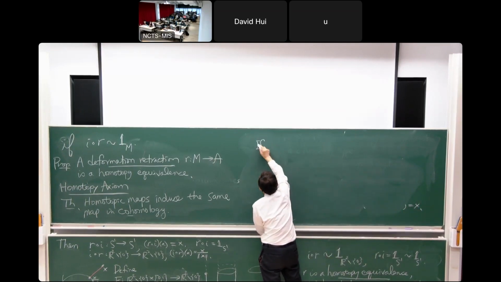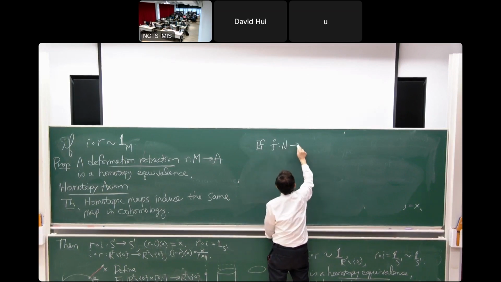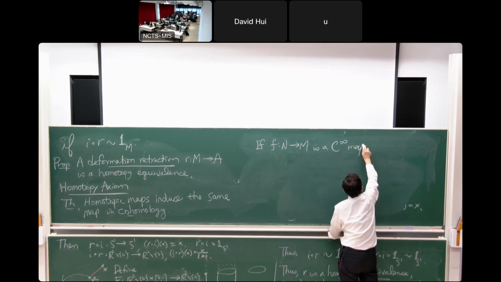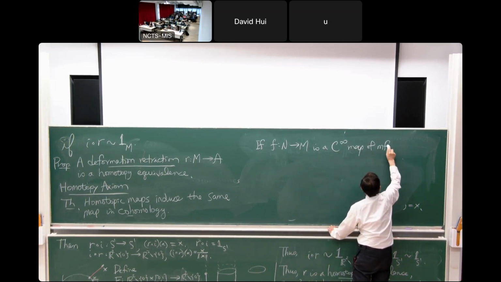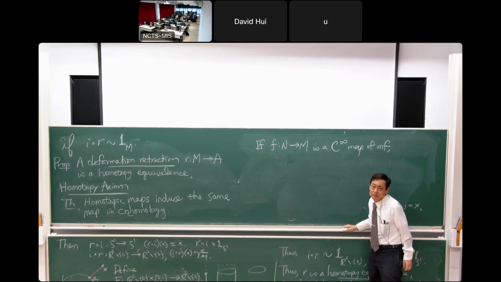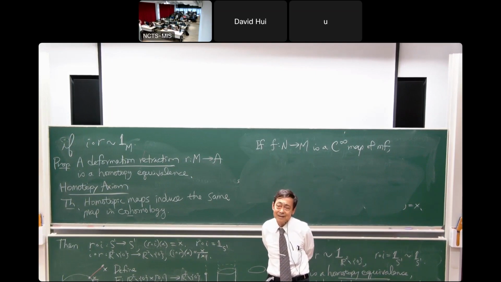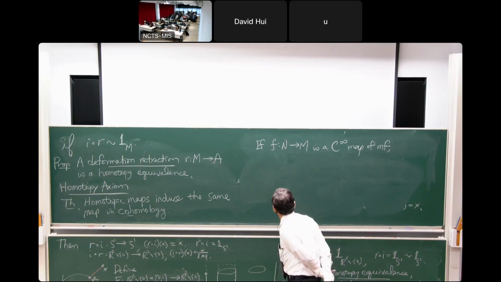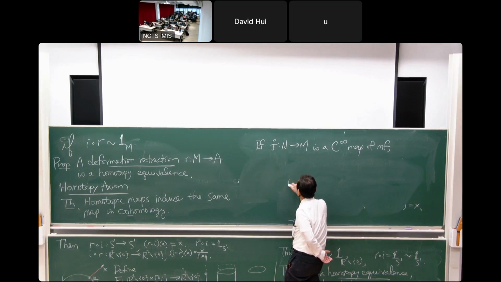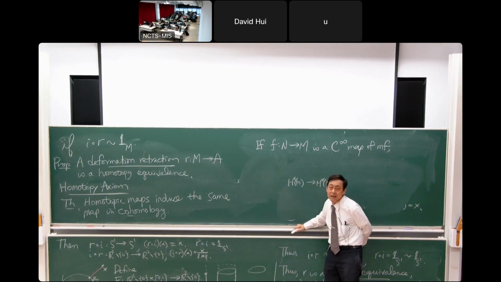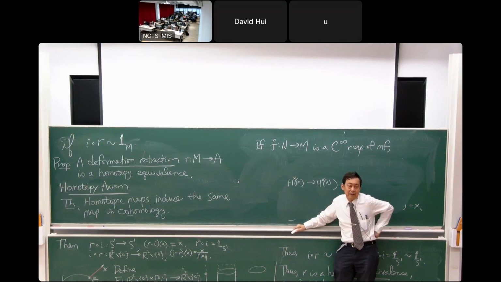If F from N to M is a C infinity map of manifolds, can somebody tell me how it induces a map in cohomology? You want to get a map from the cohomology of M to the cohomology of N, okay? And how do you do that?